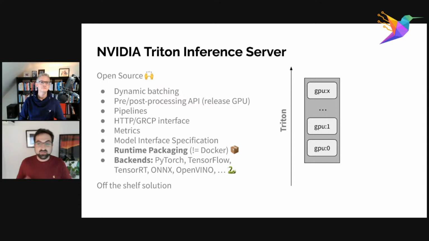It supports dynamic batching, post-processing for your output, and will release the GPU. This is very useful. What I mentioned earlier, converting that raw NumPy array that represents audio into an MP3, or some further processing, could be achieved through the pre/post-processing API of Triton.